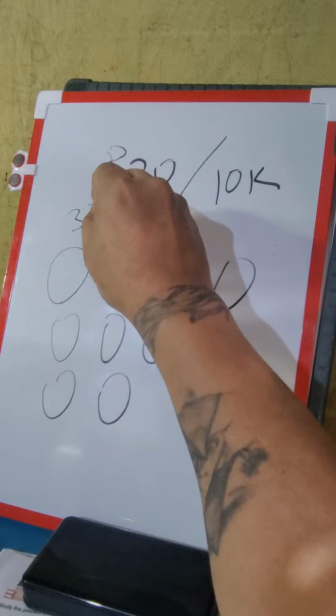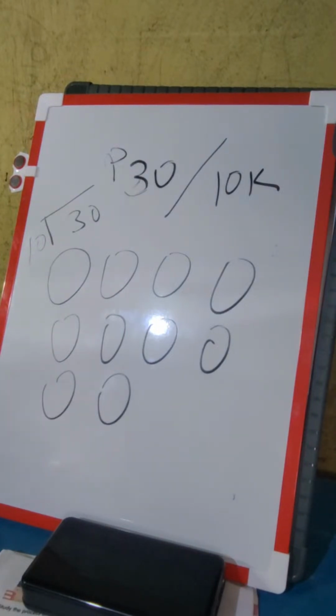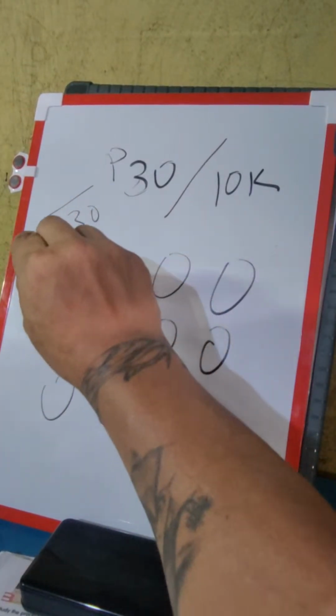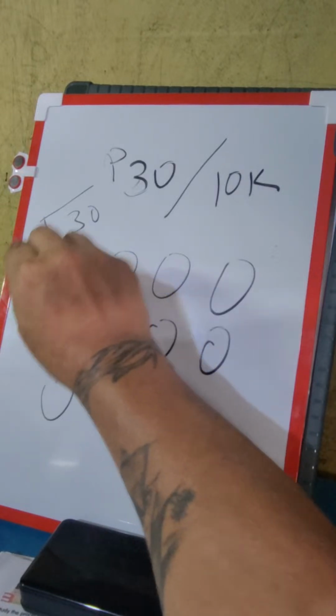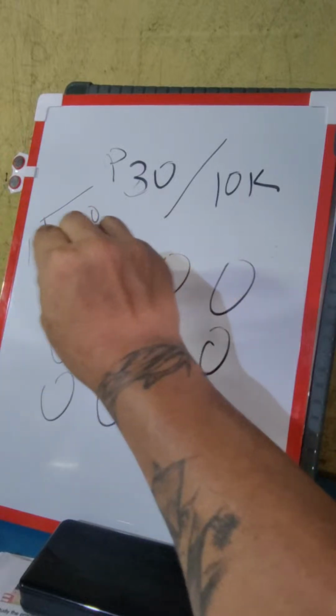30 divided by 10. So now, remember how I told you? Every number. So you can't do 3. Why? Because 10 is greater than 3. So you have to do 30, right? We know that already.